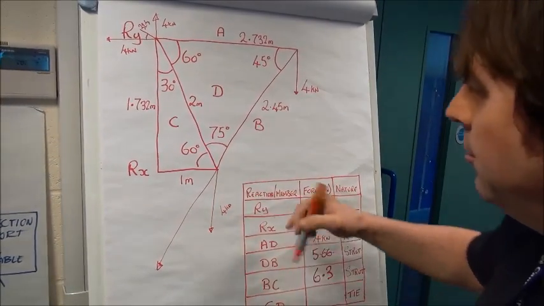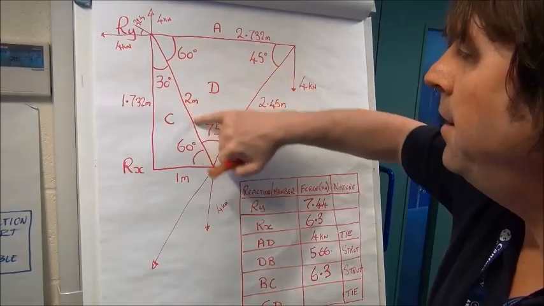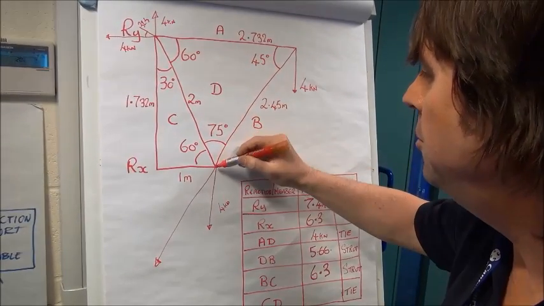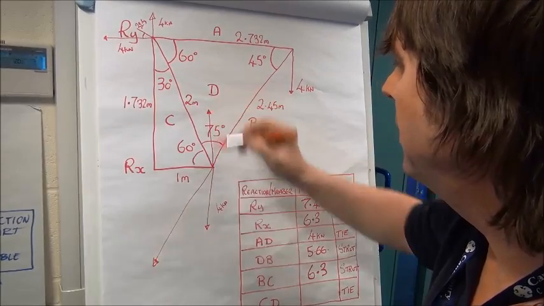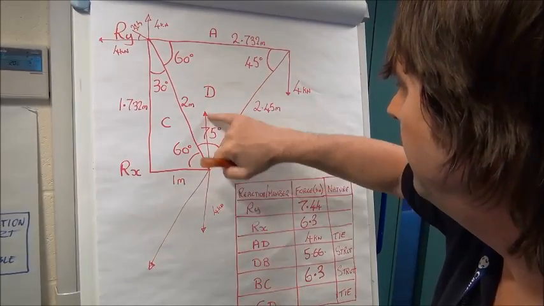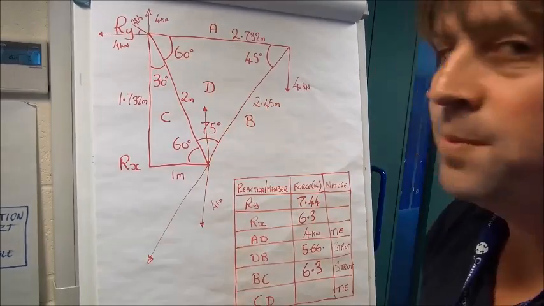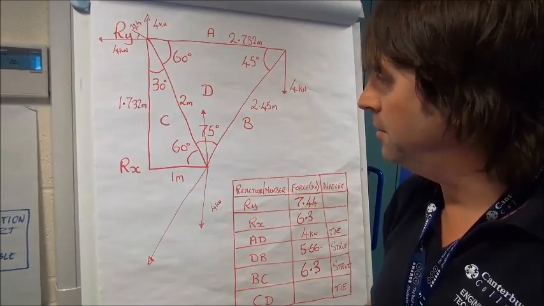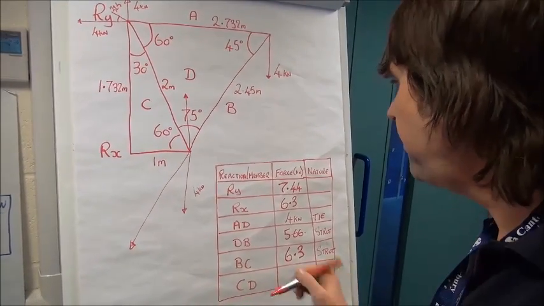Now, of course, in order to counterbalance this 4 kilonewton force, this tie here must produce a vertical component in the opposite direction of 4 kilonewtons. Therefore, the force in this tie must be greater than 4 kilonewtons. If it's not, then you've made a mistake somewhere.